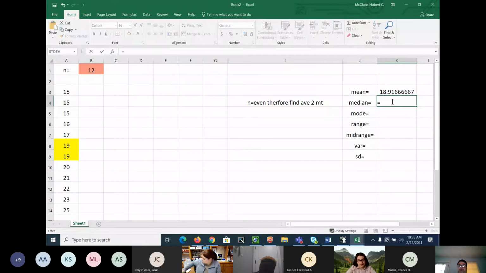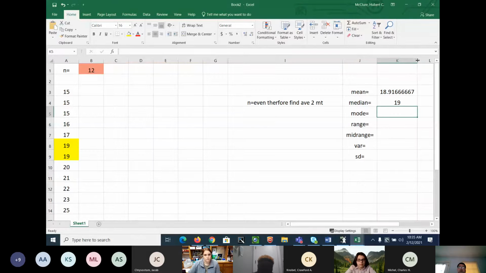So parentheses, 19 plus 19, divided by 2. Now, if you got any other number besides 19, you need to check what you typed in, and check what your numbers are rounding to. Okay, so it should be 19.